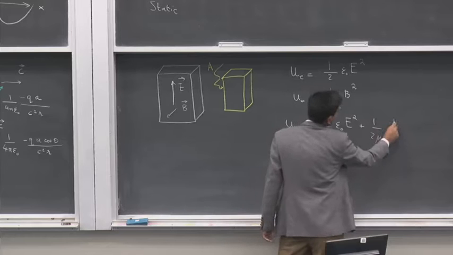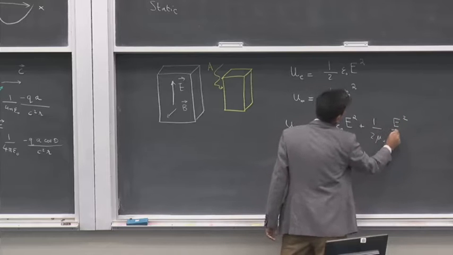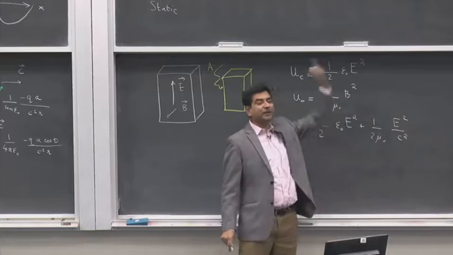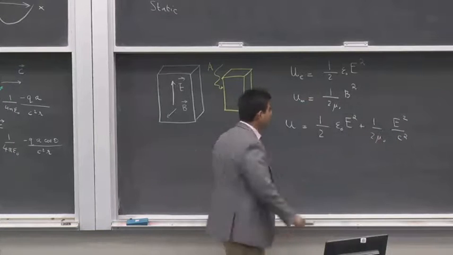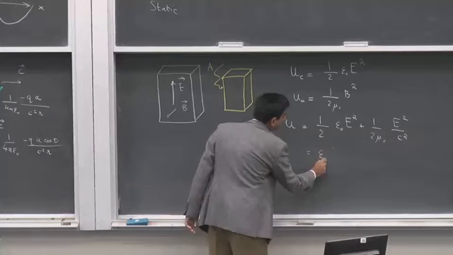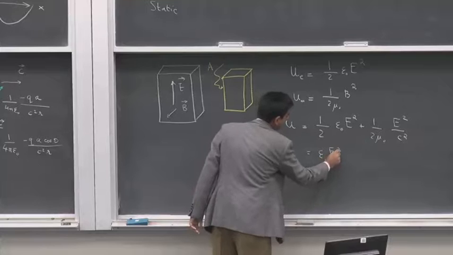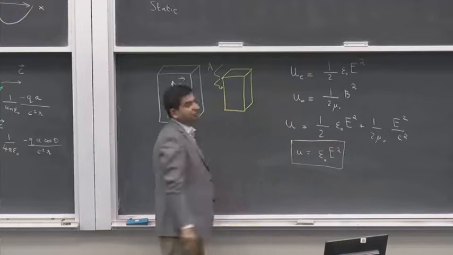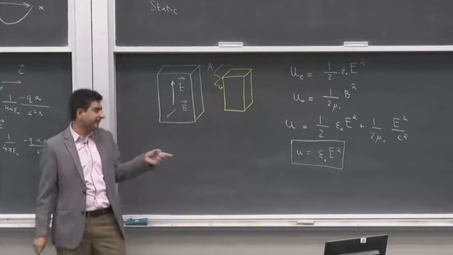But B squared is simply E squared over c squared, and c squared is 1 over epsilon naught mu naught. So I get epsilon naught E squared. This is the energy per unit volume inside an electromagnetic wave.